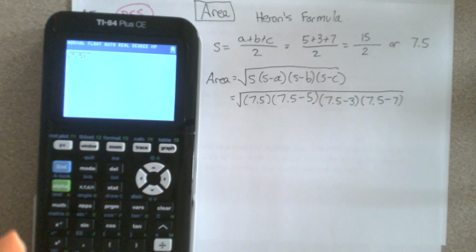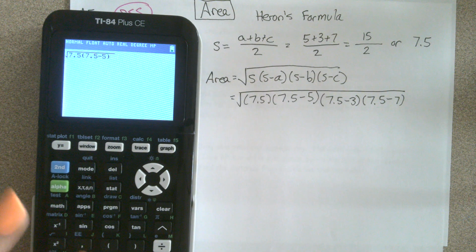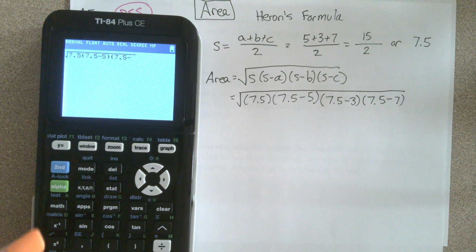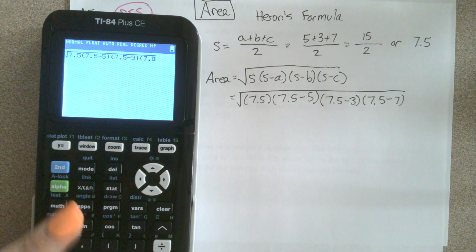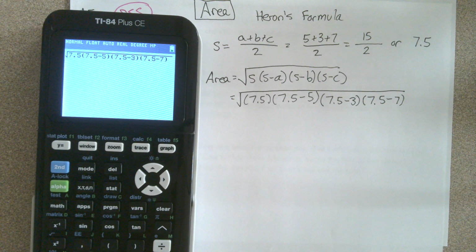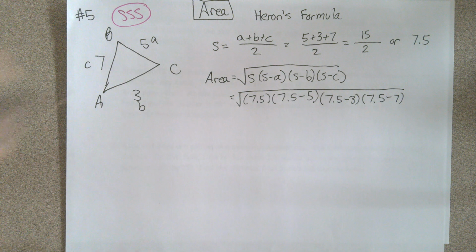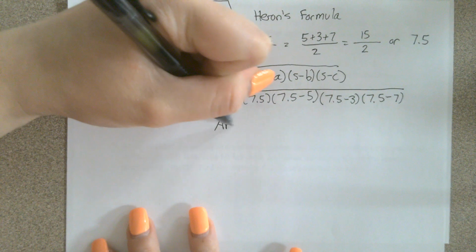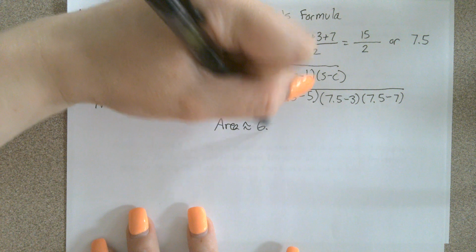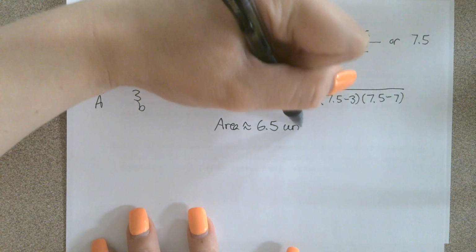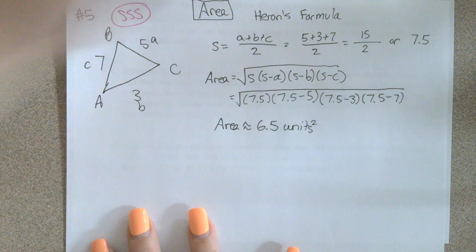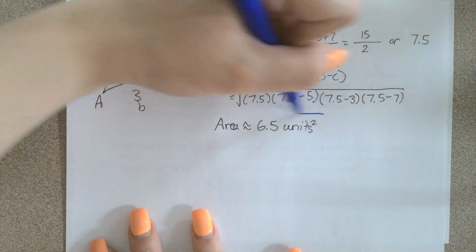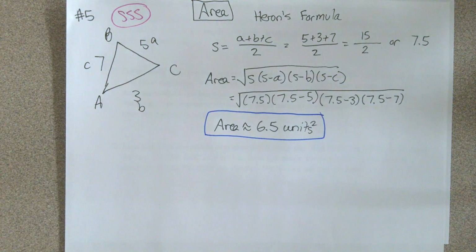Okay, 7.5, 7.5 minus 5, 7.5 minus 3, 7.5 minus 7. And we get 6.5 when rounded to the nearest tenth. And then don't forget the units squared. Units squared. And we're done with number 5.